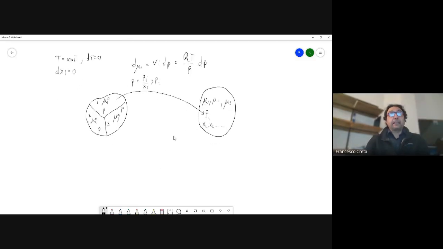So having said this, with this picture in mind, well, then we can use this expression here because we're creating this mixture by initially having a pure substance at a total pressure P, bigger than this pressure here. So what I'm doing, I'm taking this and obviously integrating it.